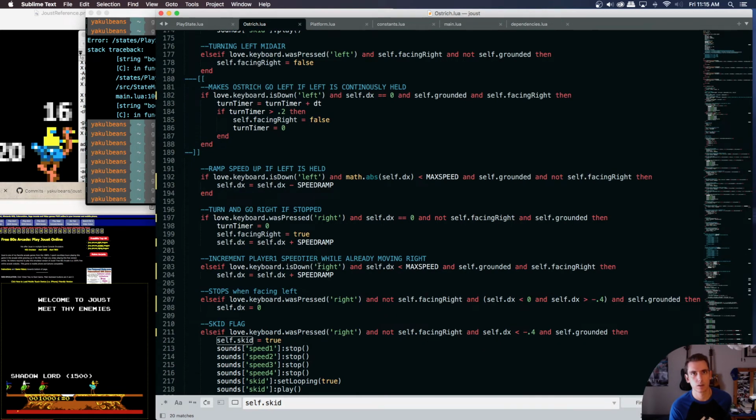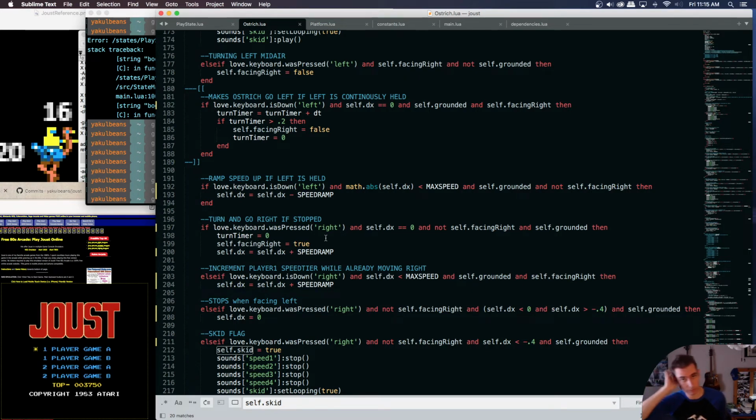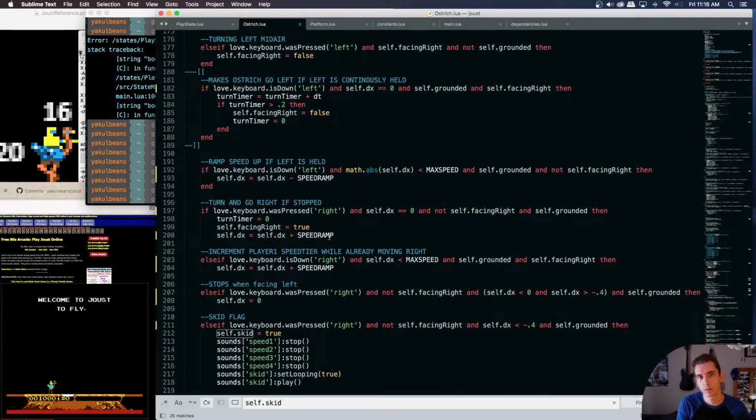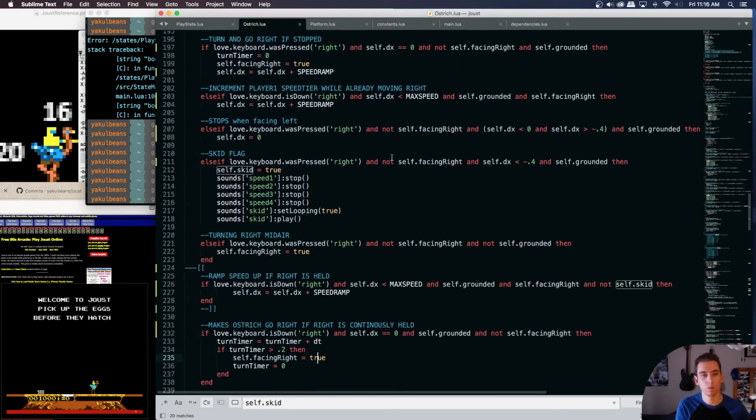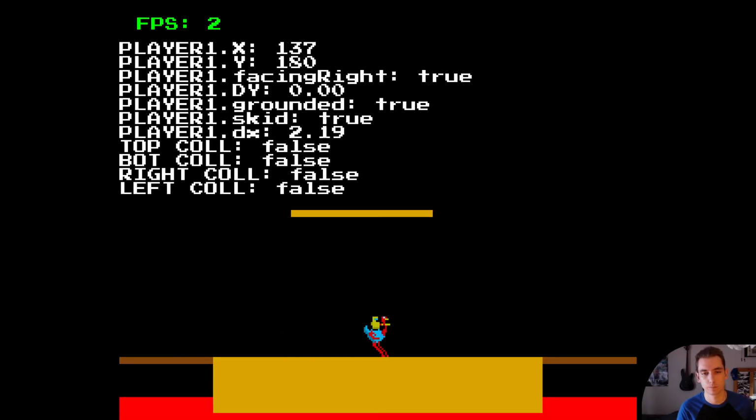So if I'm stopped, see, I don't even know how to debug this or how to see what code is being executed. I really don't know. It's close.